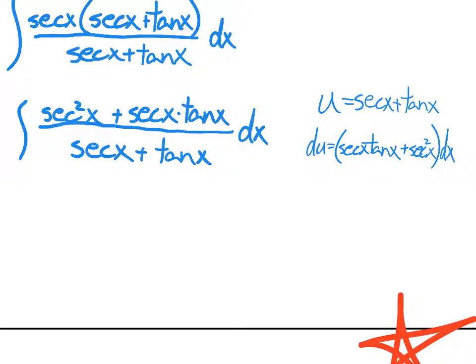And now you can see here, there's my secant squared plus secant x tan x dx. So now I have u prime over u.